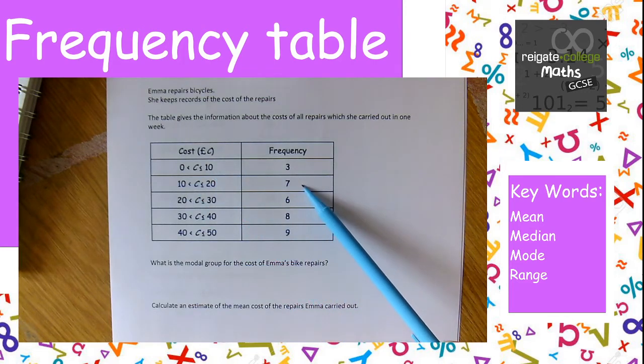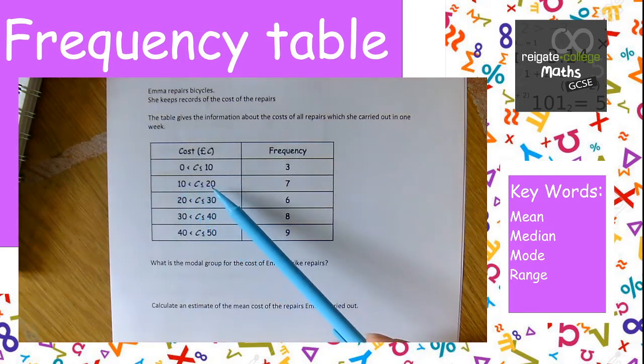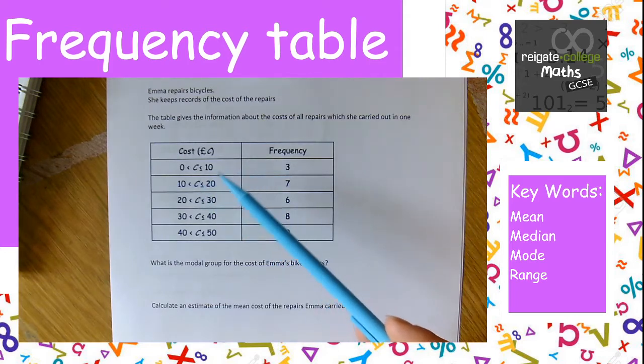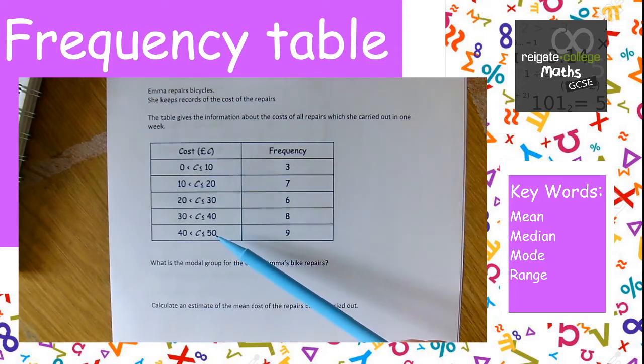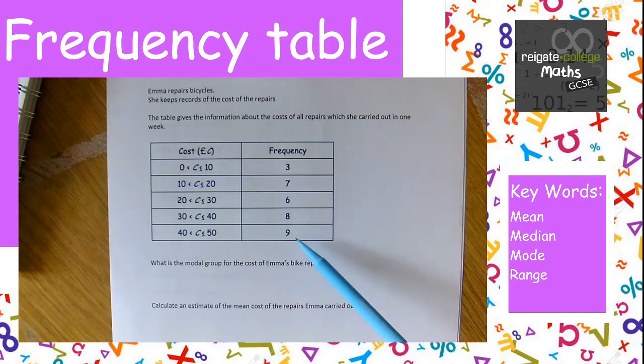Here I have 7 people who've spent somewhere between £10 and £20 on the repairs for their bike, and so the table continues. I'll still look for the modal amount spent on any repairs in the frequency column, but you'll see here we're being asked for the modal group.